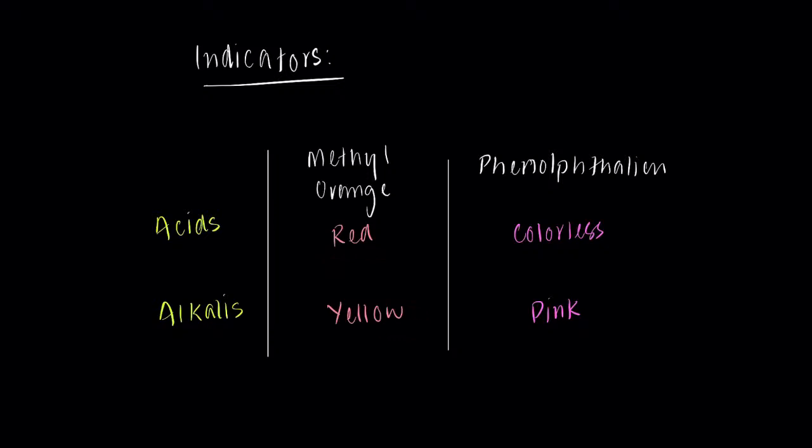So for the rest of this class, we'll focus on phenolphthalein. Now, all acids and all alkalis, when they're in solution, are colorless. They don't have a distinct color. You can't tell if it's water or not.